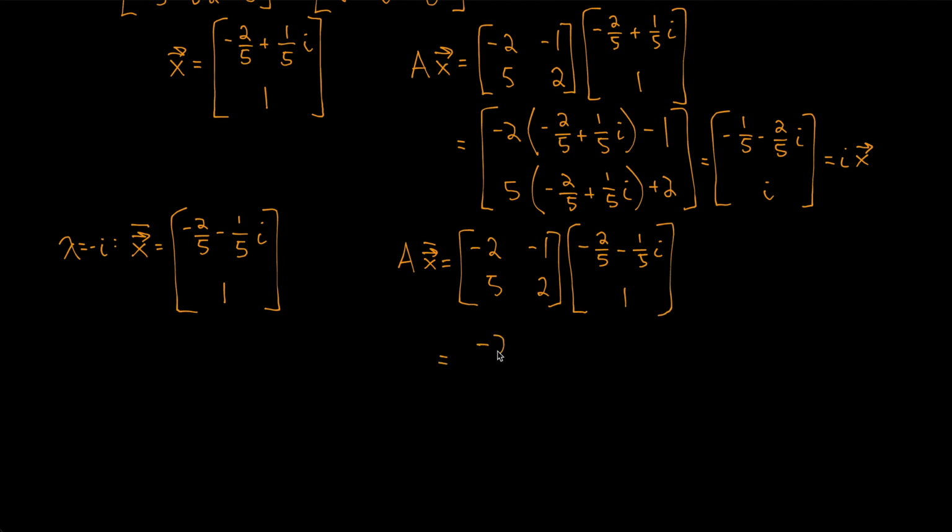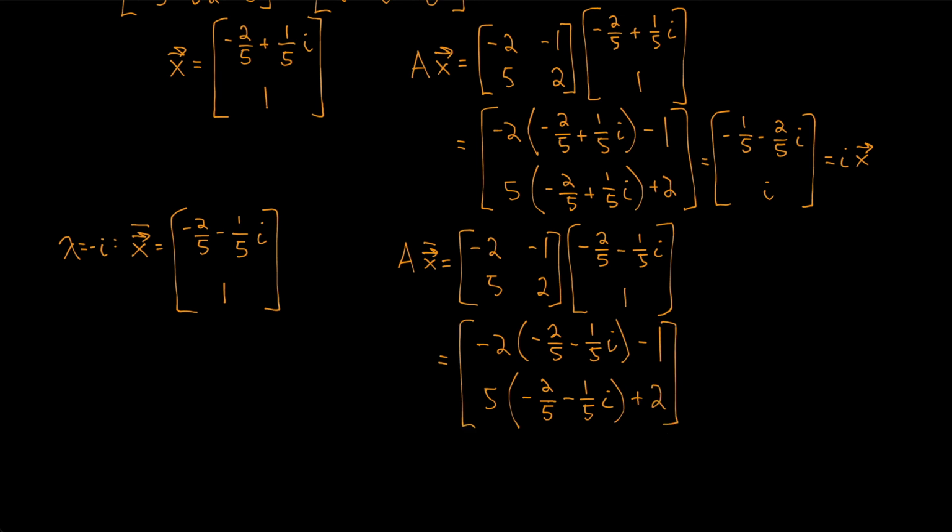And it becomes -2 times -2/5 minus 1/5 i minus 1, and 5 times -2/5 minus 1/5 i plus 2, which equals -1/5 plus 2/5 i, minus i, which is minus i times x.